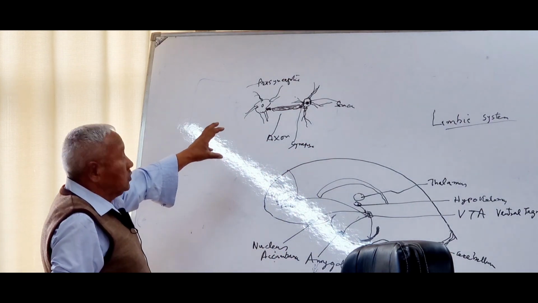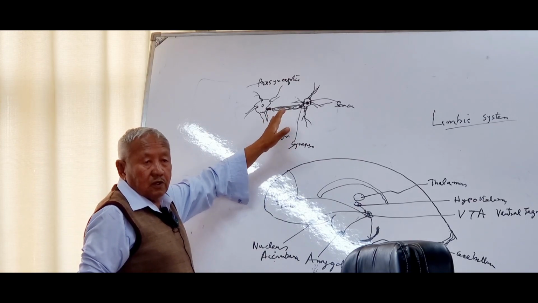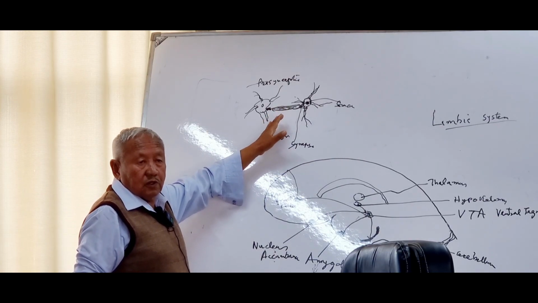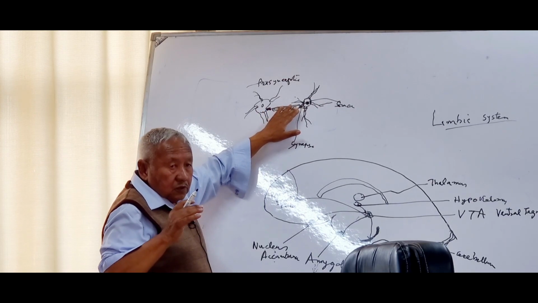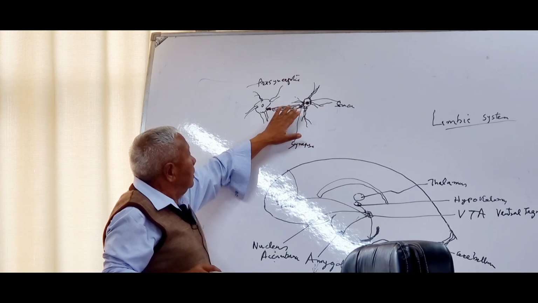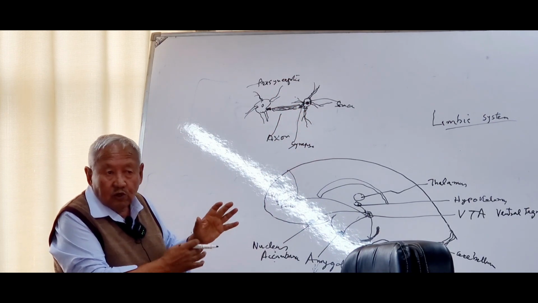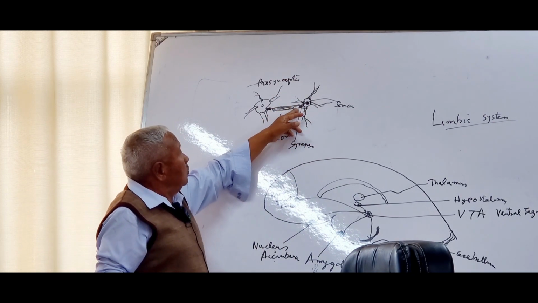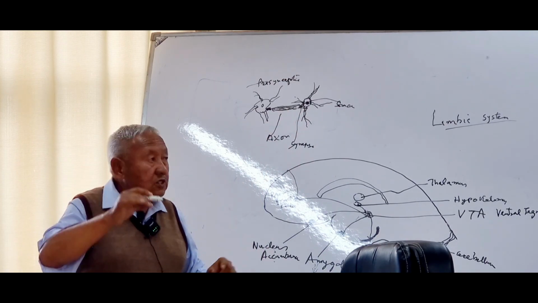When, because of this stimulus, whether it is alcohol or nicotine or processed food or chocolate or whatever, when we think of it or when we take it, electric current develops at the axon terminal. So the axon terminal is a cell like this.